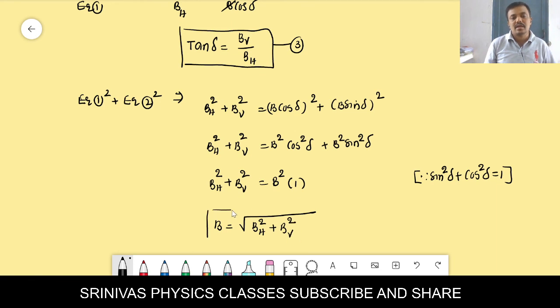BV is the vertical component and BH is the horizontal component of earth magnetic field. B is the net earth magnetic field. That means if you know horizontal and vertical, you can find the net. If you know net and horizontal, you can find the vertical. If you know net earth magnetic field and vertical, you can find the horizontal.